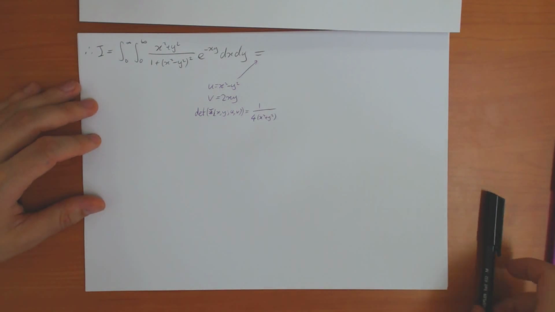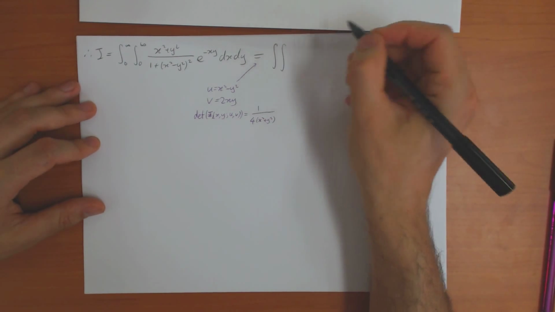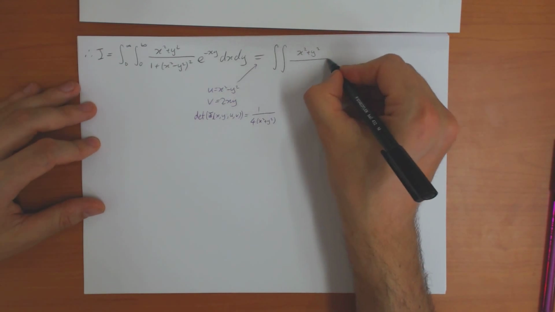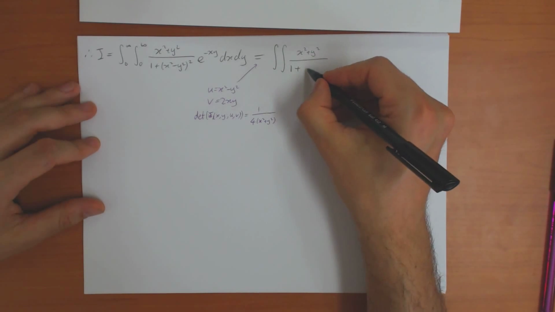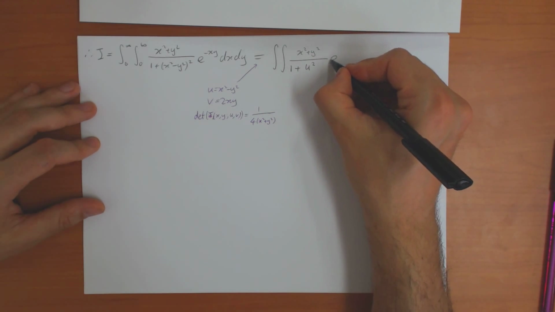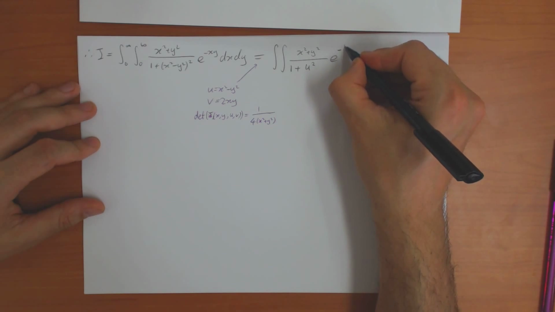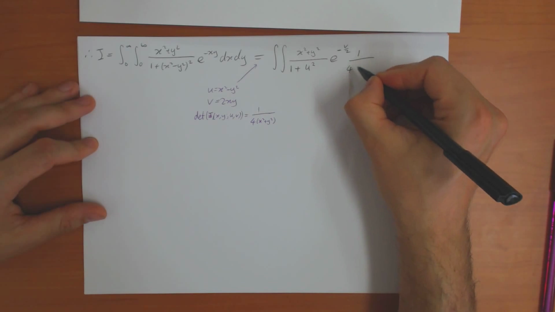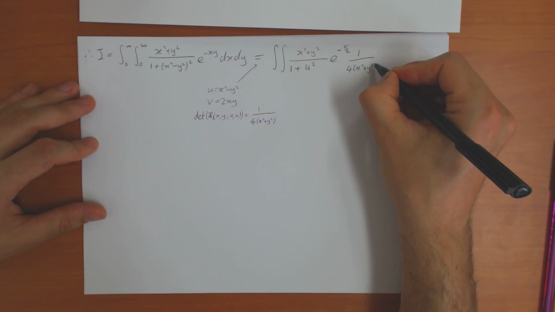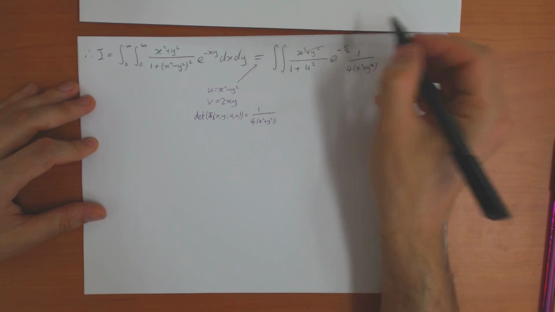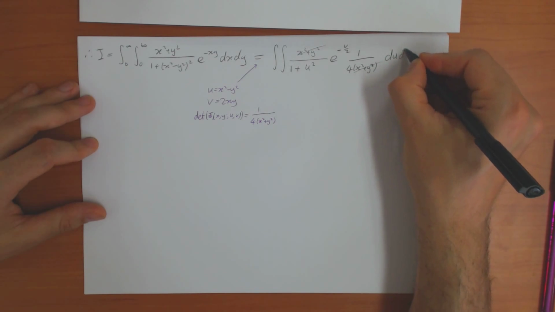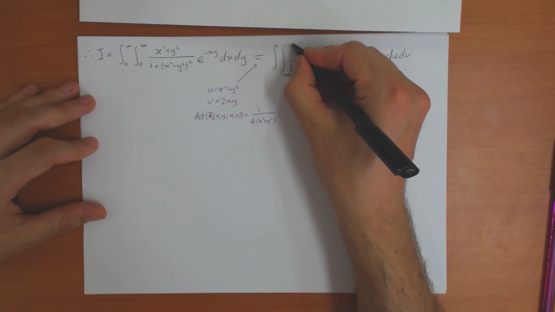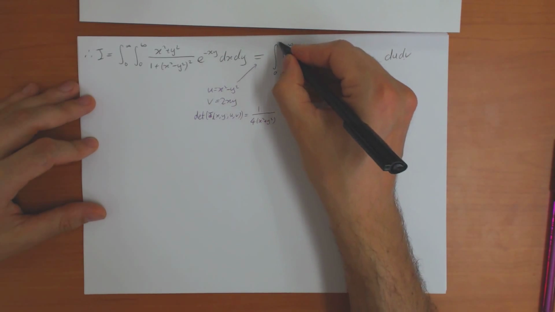Okay, so we get the integral of x squared plus y squared over 1 plus u squared on the bottom, then this is e to the minus v over 2, times the Jacobian, so that's 1 over 4 times (x squared plus y squared). So you see that they cancel. And then integrate du dv, and we decided u should go from minus infinity to infinity, and v should go from 0 to infinity.